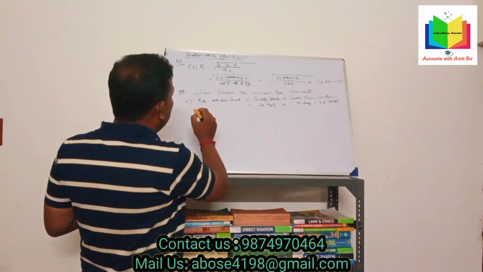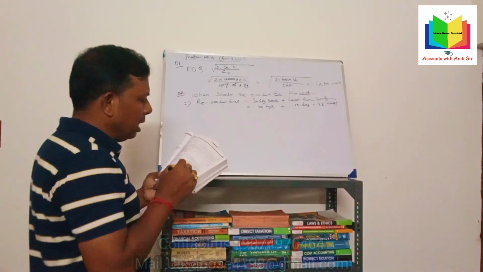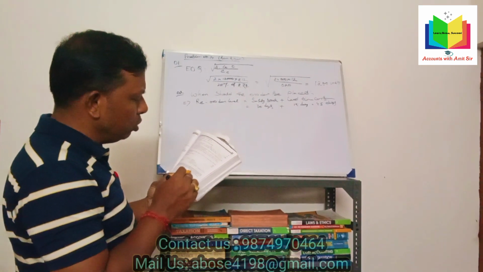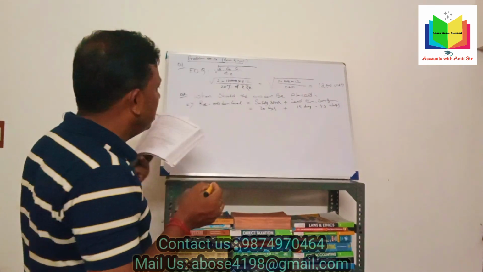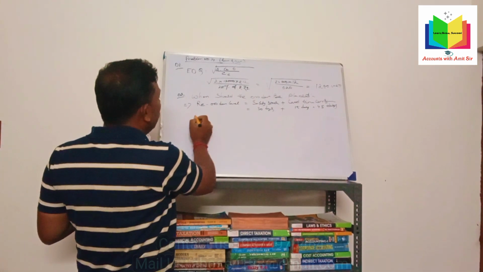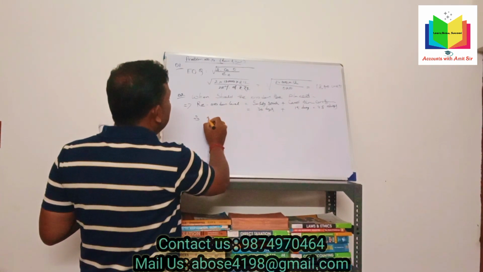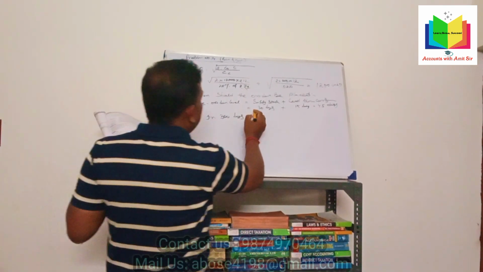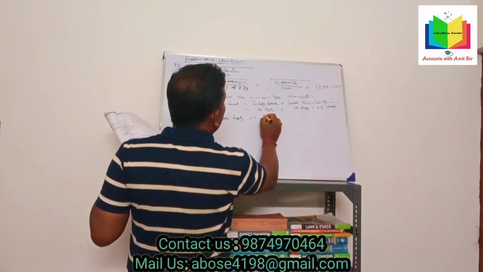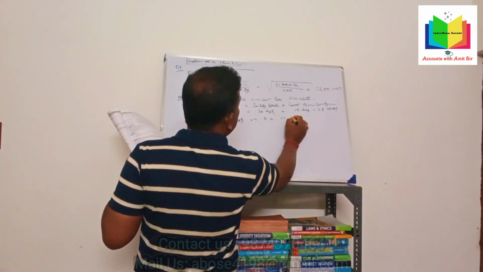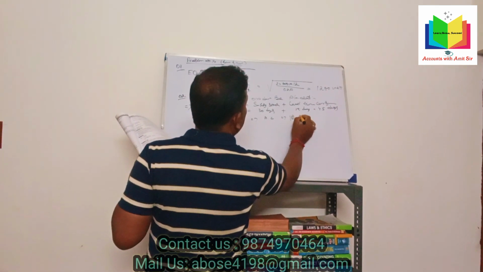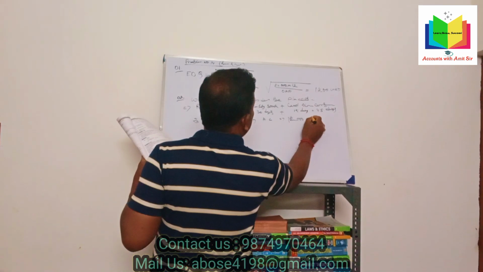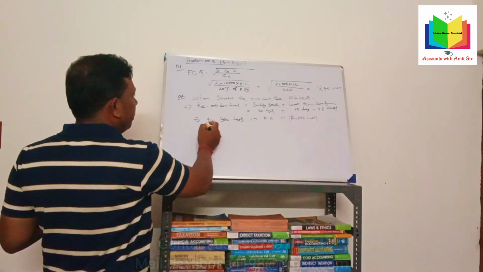Here annual consumption is given as 12,000 units in 360 days. You apply the unitary method. In 360 days annual consumption is 12,000 units.